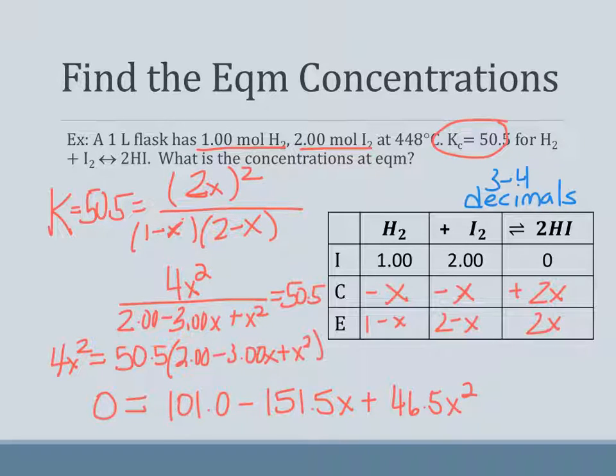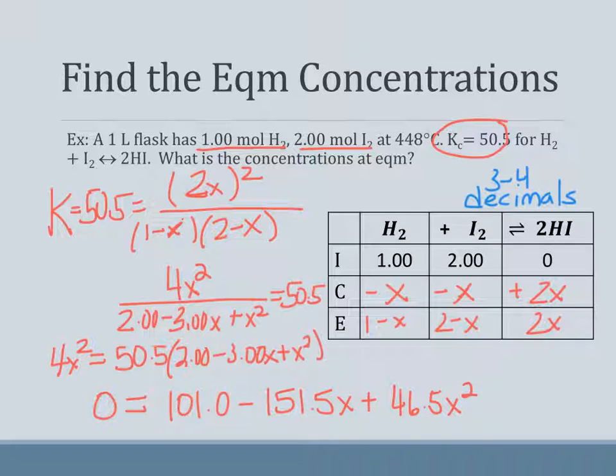So if our K value had been like 550,000, we could make this assumption because 550,000 would be much more different than our factor that we're subtracting here. If our K value had been itty bitty, we would be okay as well.